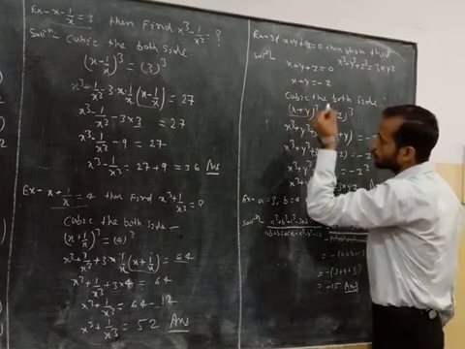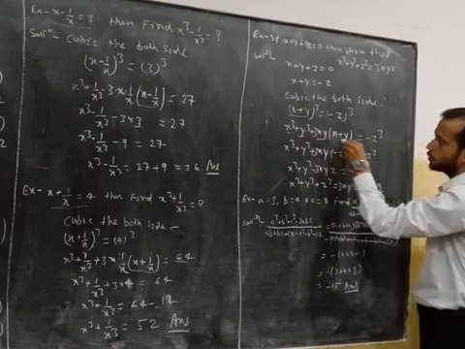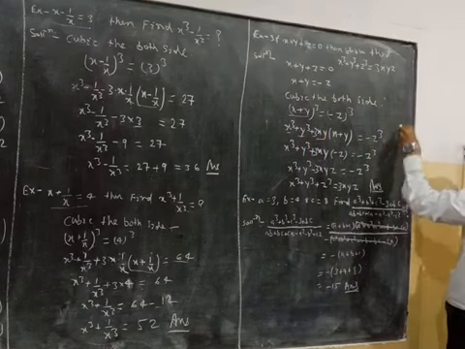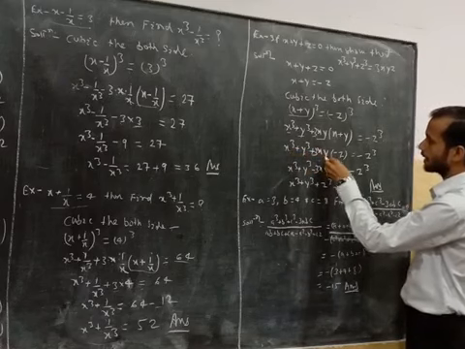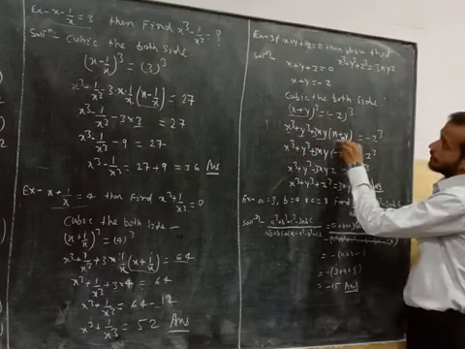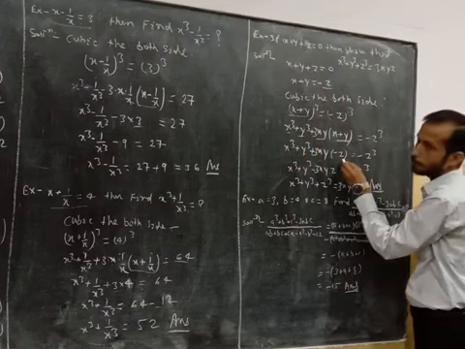And (a plus b) whole cube is a cube plus b cube plus 3ab into (a plus b), equal to minus z to the power 3. X cube plus y cube plus 3xy into (x plus y) is equal to minus z cube, and put the value of x plus y is equal to minus z.